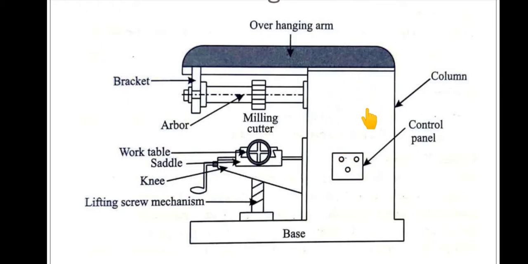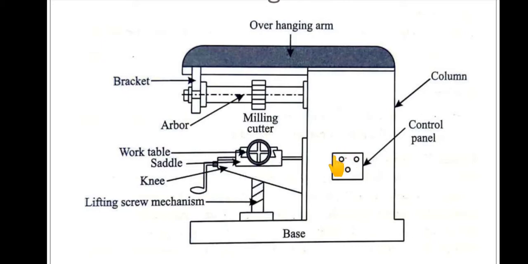Here the motor is placed in this hollow column, and there is a control mechanism also mounted here. So the column houses the motor, the transmission system, as well as the spindle. The front face of the column is machined and provided with a vertical guide.